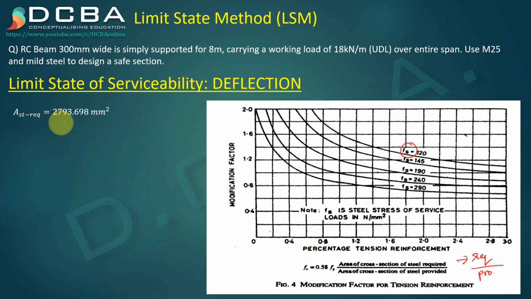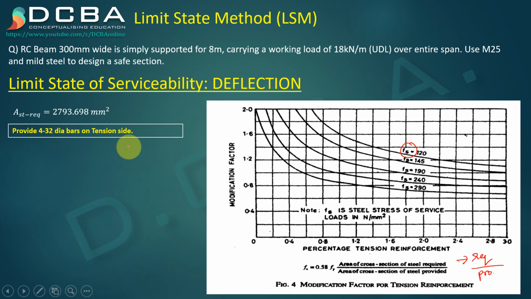AST required that we found in previous steps was 2793.698 mm square. AST provided: we provided 4 32 dia bars on tension side. If you had taken 2 layers of those 325 bars, you can do the calculations according to that, but I am using 4 32 dia bars on tension side.